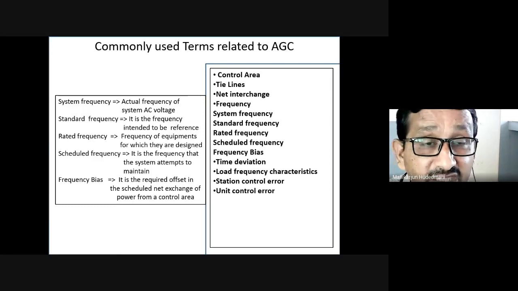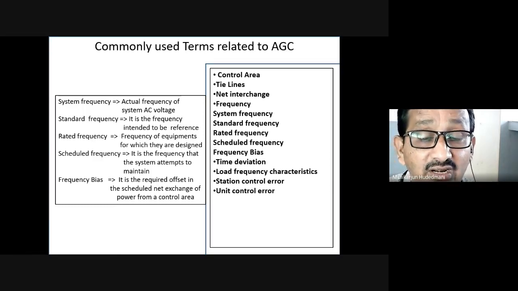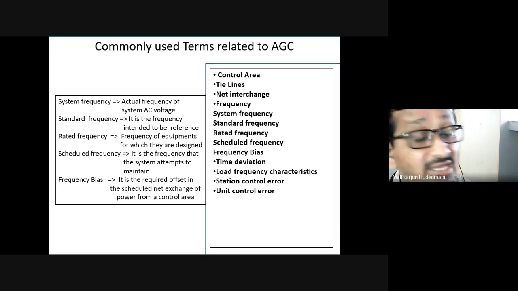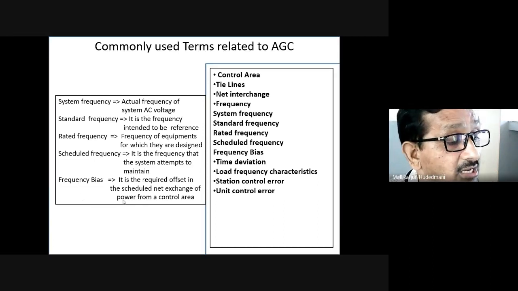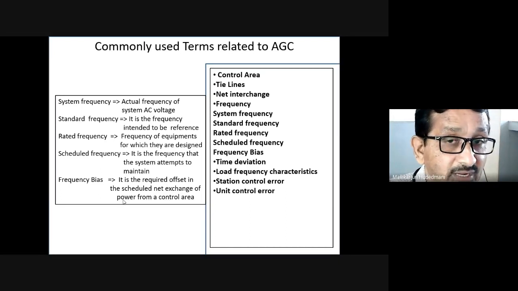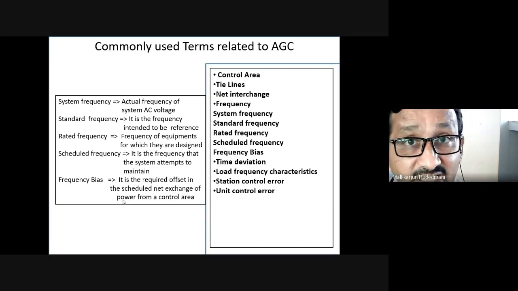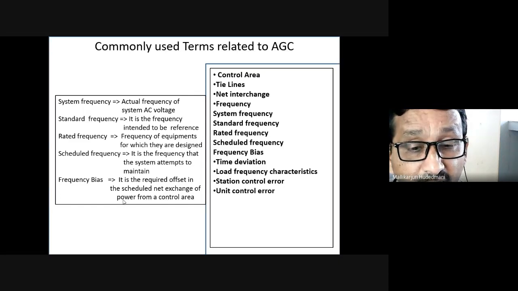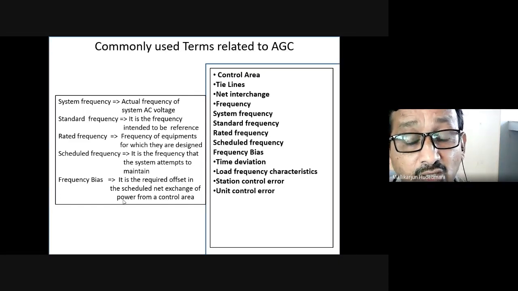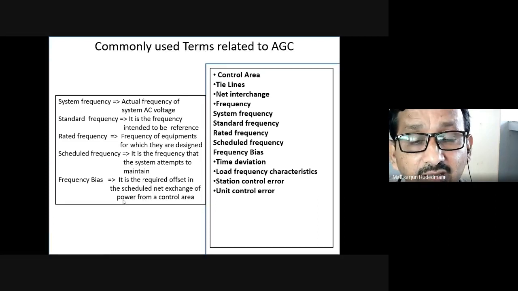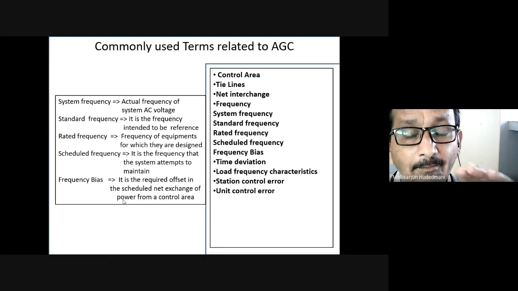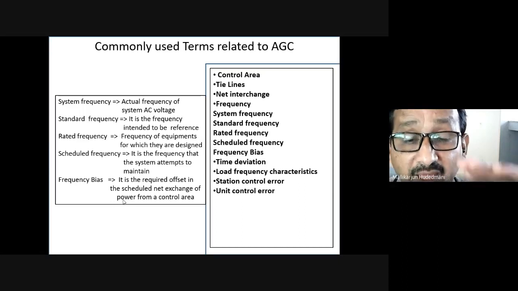What will shift the frequency back to steady state after the change in megawatt is called frequency bias. In other terms, frequency bias is a necessary change in megawatt set point on the generator to set the frequency error back to zero. So the dip in frequency has to be brought back to steady state frequency.